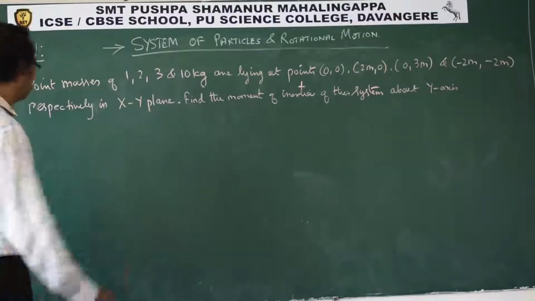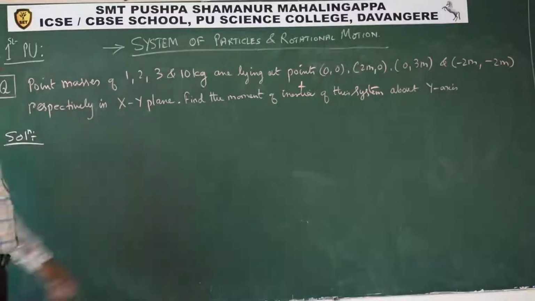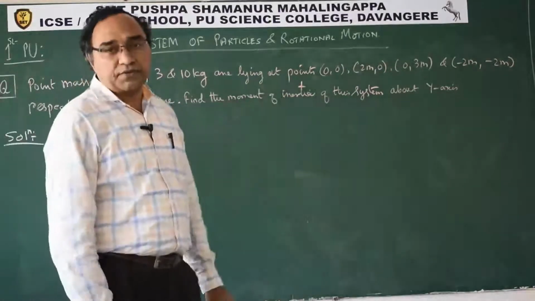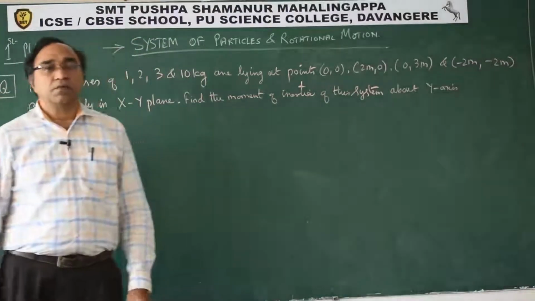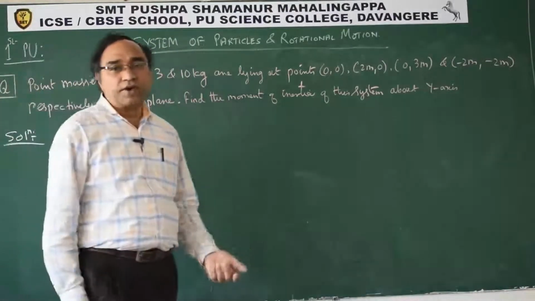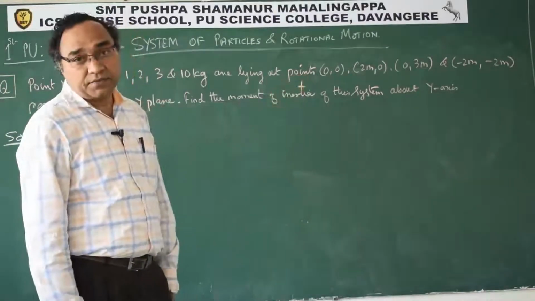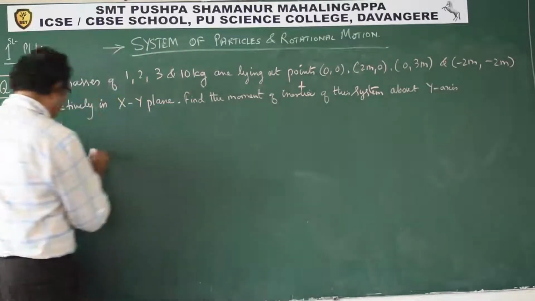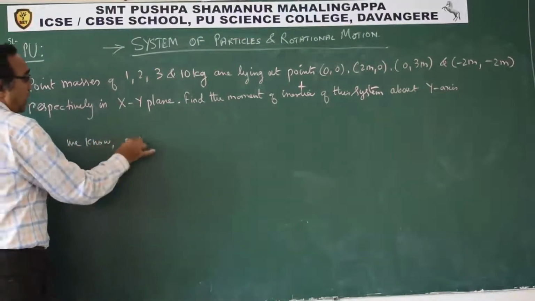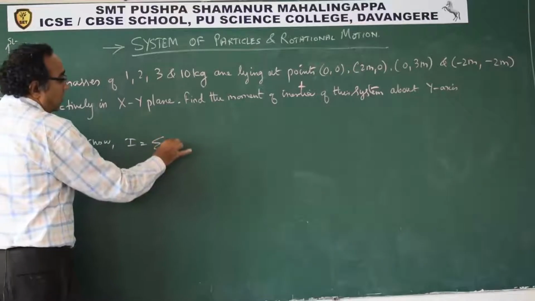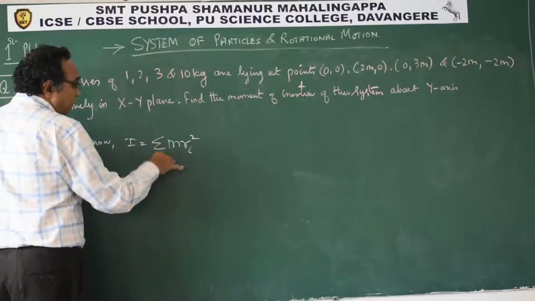Very important and highly conceptual. See, about the y-axis, which coordinate is to be taken? Please think whether we have to take the x coordinate or the y coordinate. See, Iy is asked. We know I is equal to sigma of m_i r_i square, where i is from 1 to n.